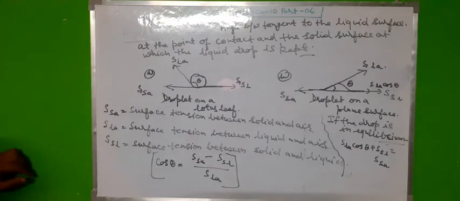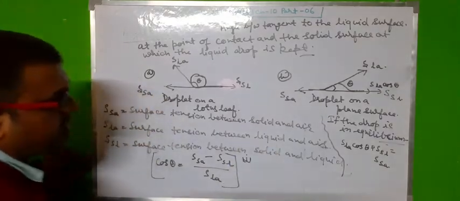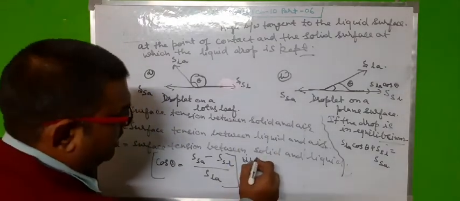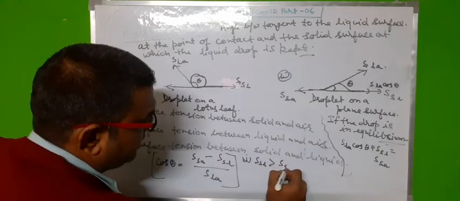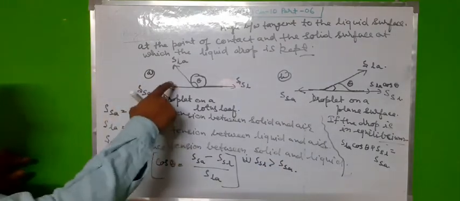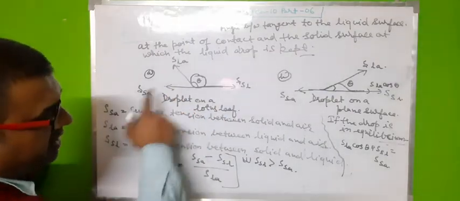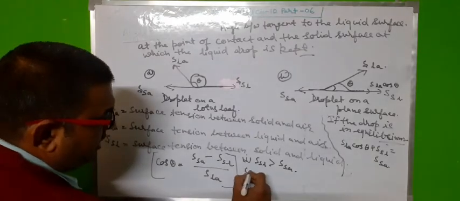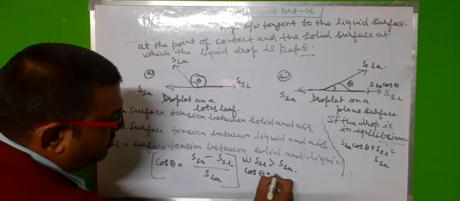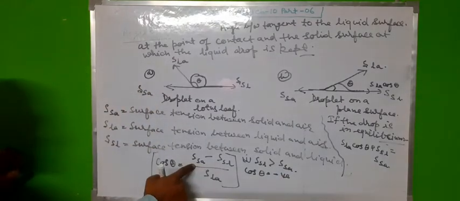Now for this angle of contact, there are two cases. First case: if SSL is greater than SSA, then cos theta is negative, because this one is greater and this one is less.